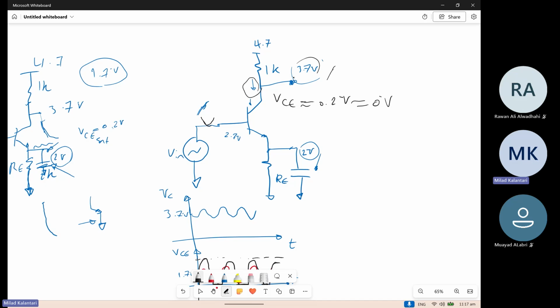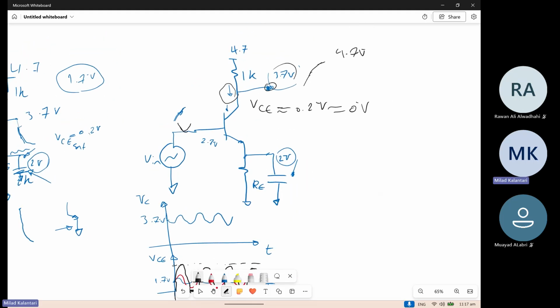So this collector voltage from the top can reach 4.7, the VCC, right? So basically, you know that the collector voltage from the top is at max 4.7, but the minimum is what? The minimum is reaching basically the emitter voltage, right?